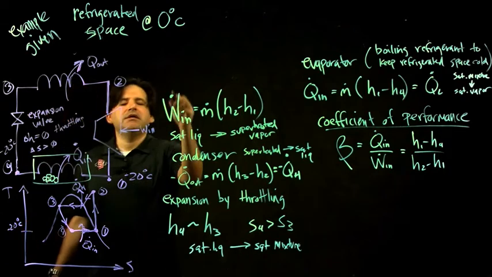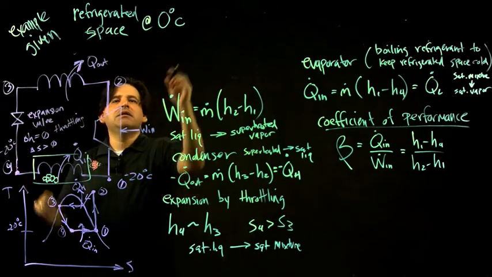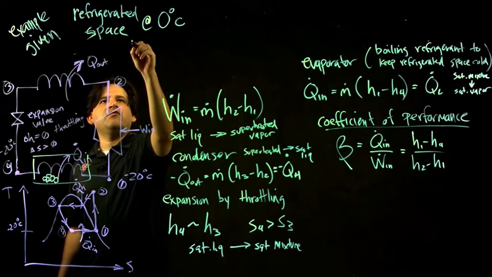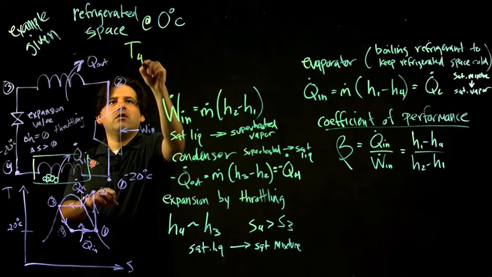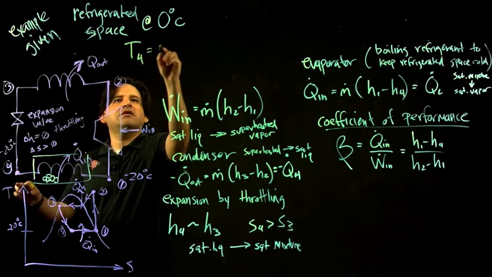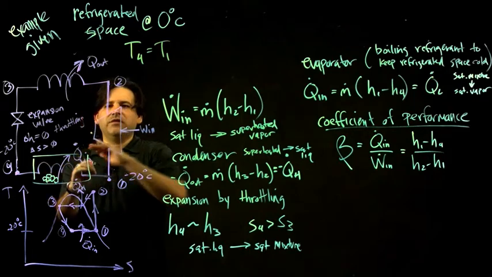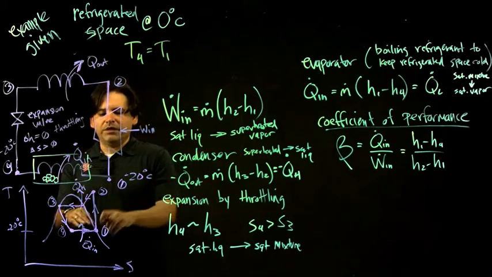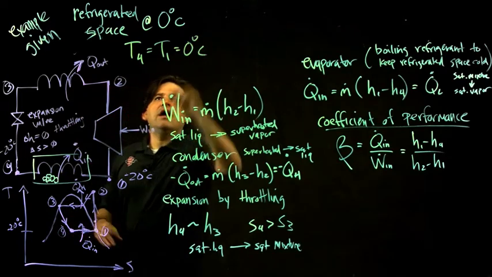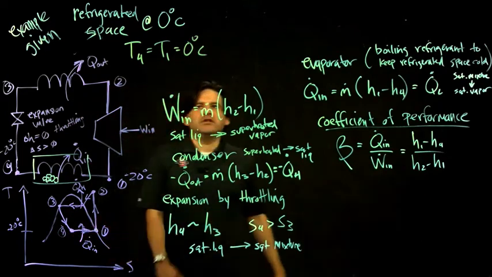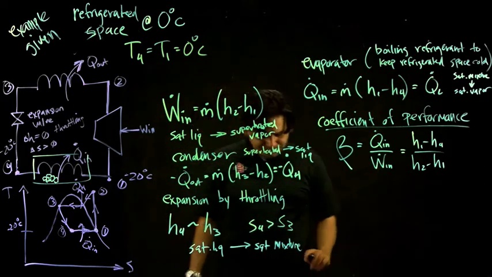Instead of being colder than it could be, if the refrigerator is 0 degrees Celsius, you could assume that T4 equals 0 degrees Celsius. And in an ideal case, it's a phase change going all the way until this border, so the temperature does not change. So that is the temperature of T4 and T1. That's one assumption you can make.